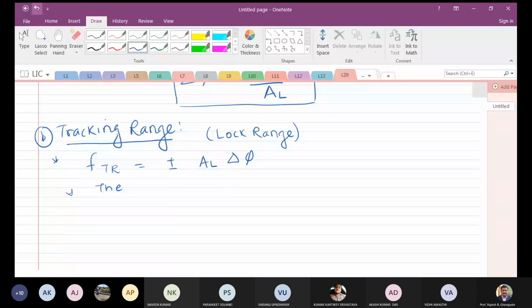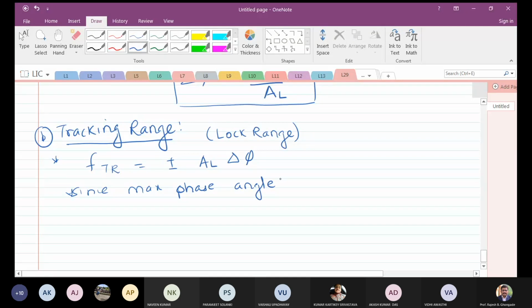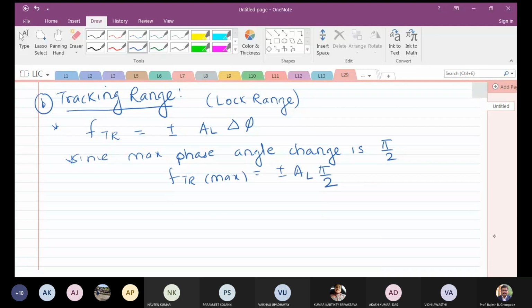Before that, I just forgot to mention that since the maximum phase angle change is pi by 2, FTR maximum happens to be plus minus KL pi by 2. That is how we get the ranges.